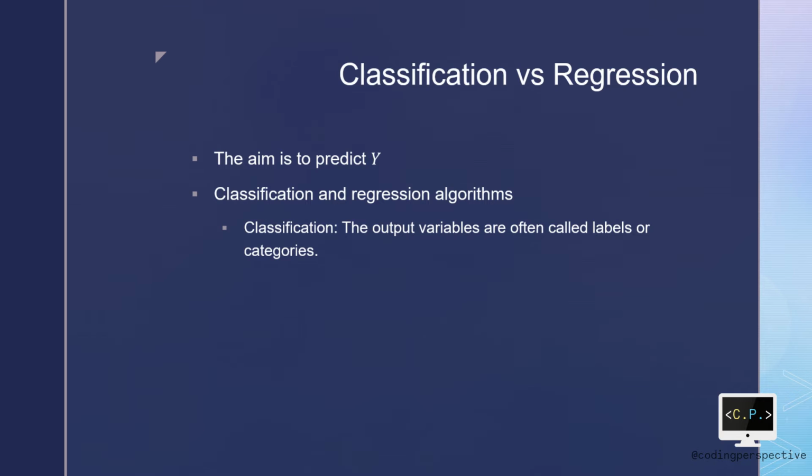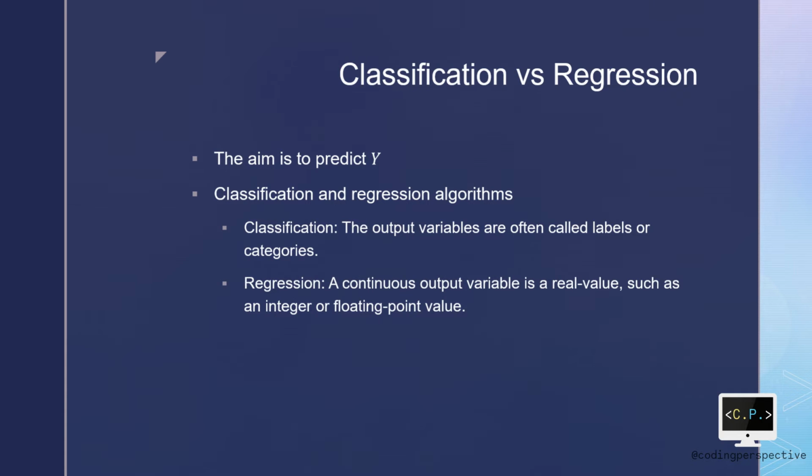The mapping function predicts the class or category for a given observation. So, classification algorithms are used to predict discrete values such as male or female, true or false, spam or not spam, etc. Basically, you are doing a classification over a finite number of things.